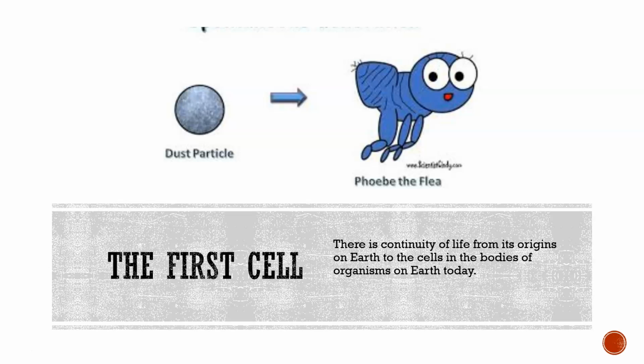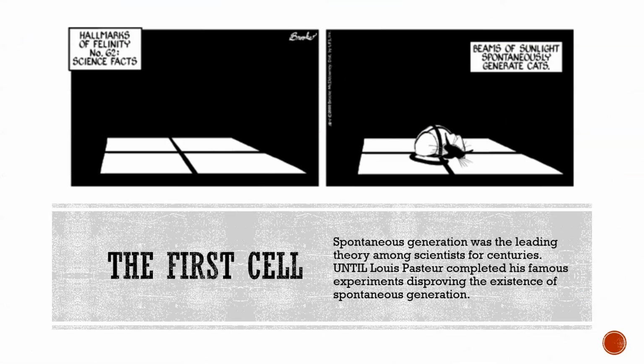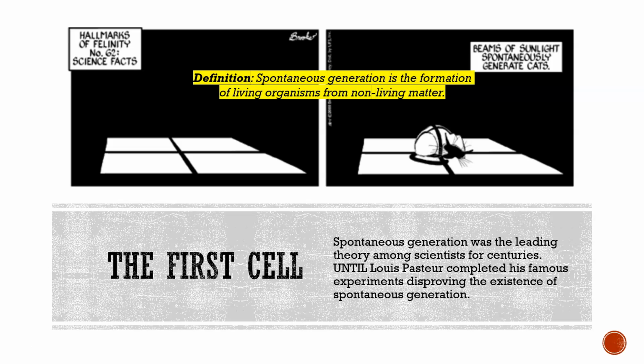However, the early scientists obviously didn't know this, so they had their own ideas and theories on how the first cells developed. Okay, and the theory of spontaneous generation was the leading theory for many scientists for centuries. Okay, and that theory stated that the formation of living organisms came from non-living matter.